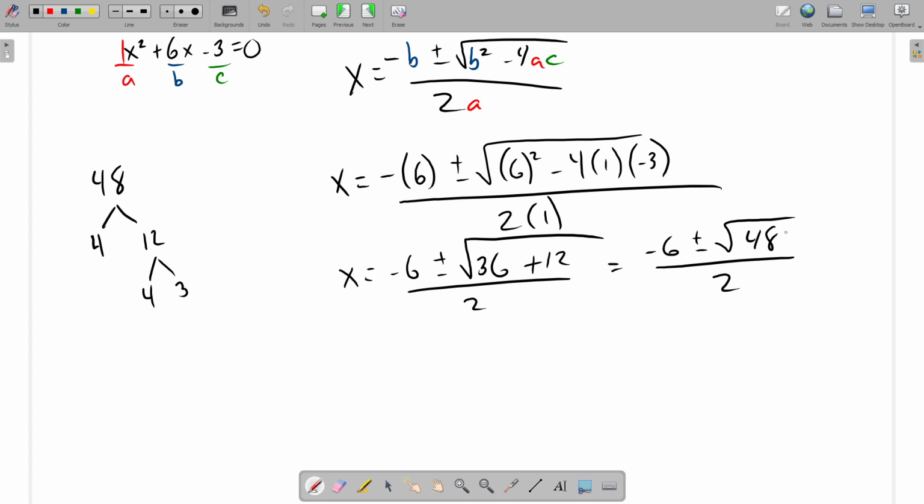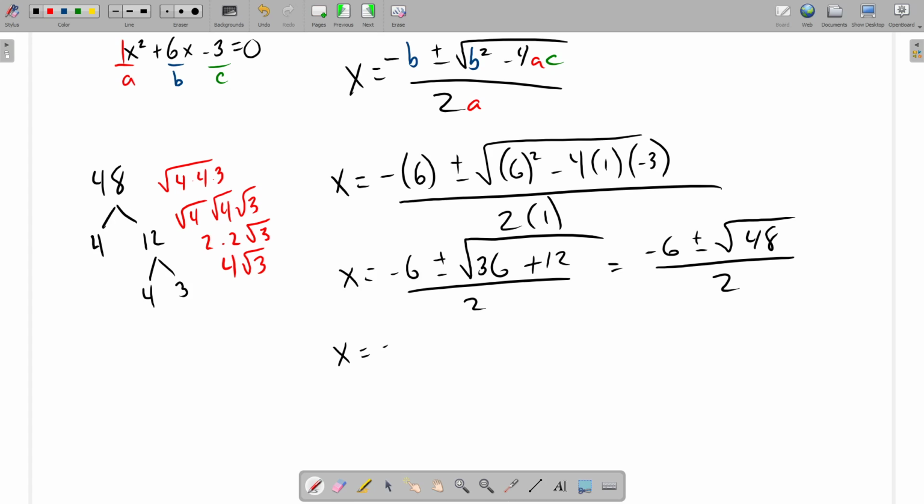So I can rewrite the square root of 48 as the square root of 4 times 4 times 3, or as the square root of 4 times the square root of 4 times the square root of 3. The square root of 4 is 2, square root of 4 is 2, square root of 3 we can't do anything with. 2 times 2 is 4 root 3.